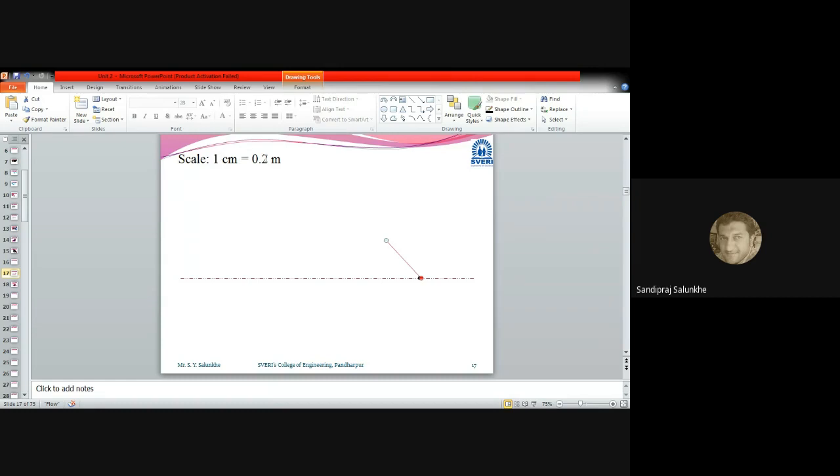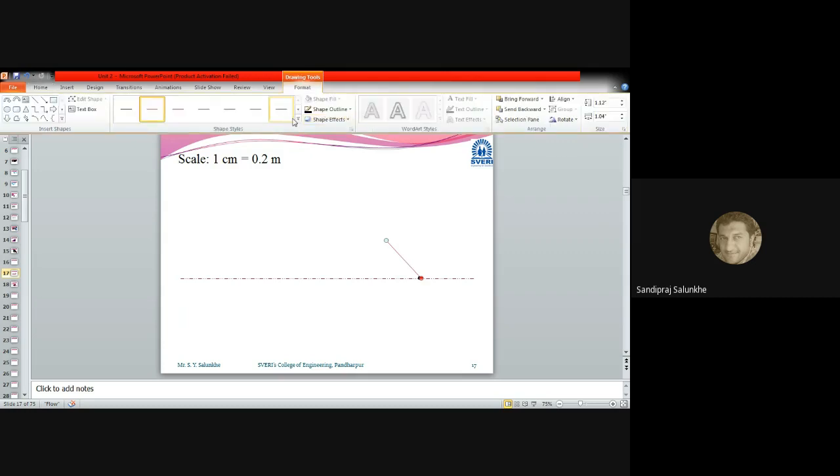If 1 centimeter is 0.2 meter, for 0.5 meter I have to draw a 2.5 centimeter long line. Right, 2.5 centimeter. So I draw this line of 2.5 centimeter, which will be at 45 degree from inner dead center.